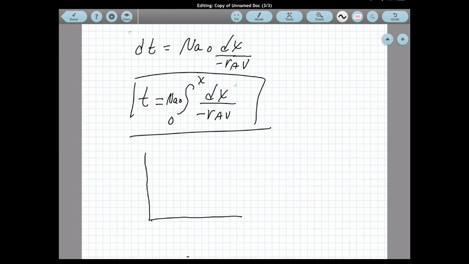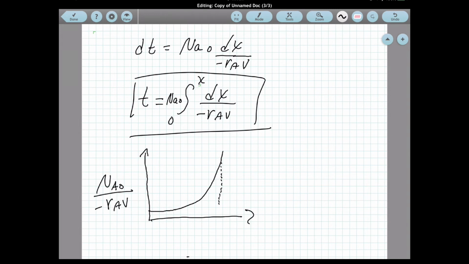If we graph N_A0, the initial moles of A, remember that this is also the initial concentration of A, we get a graph that looks something like this.